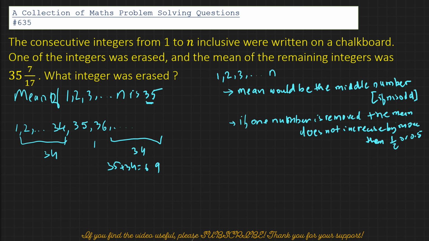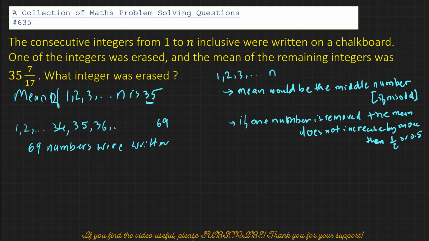So the last number would be 69. So there are 69 numbers written on the chalkboard.